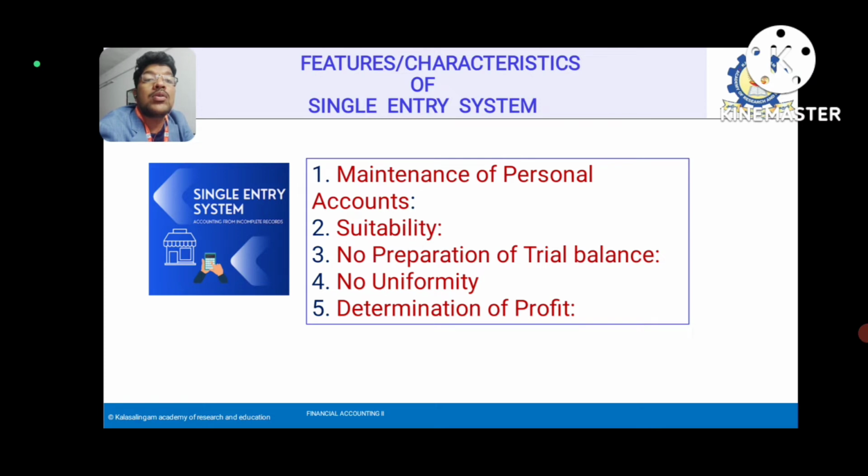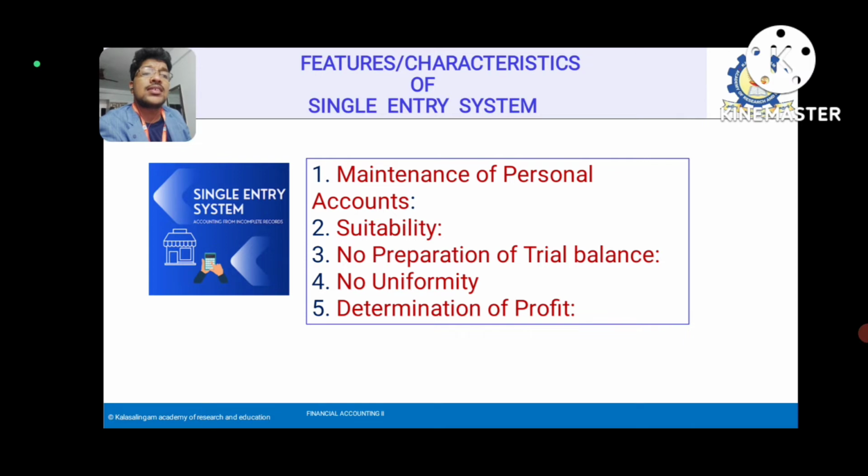There are different features of the single entry system, starting from maintenance of personal accounts to determination of profit. The first one is maintenance of personal accounts. In this system, generally personal accounts are kept, but real and nominal accounts are ignored.